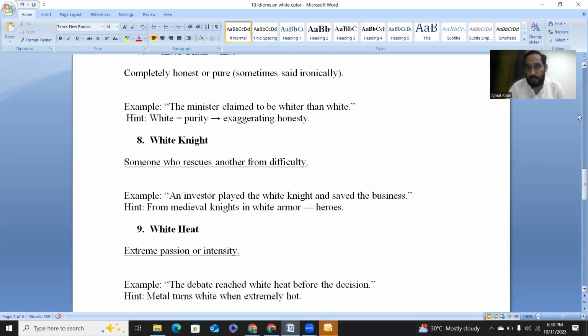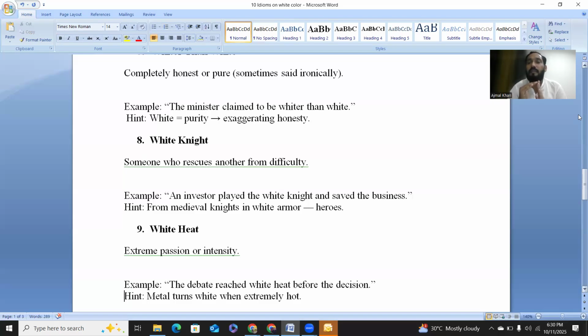So let's use white heat in a sentence. The debate reached white heat before the decision. It means there was a debate, people were discussing some matter, and before the decision the debate reached the white heat level.